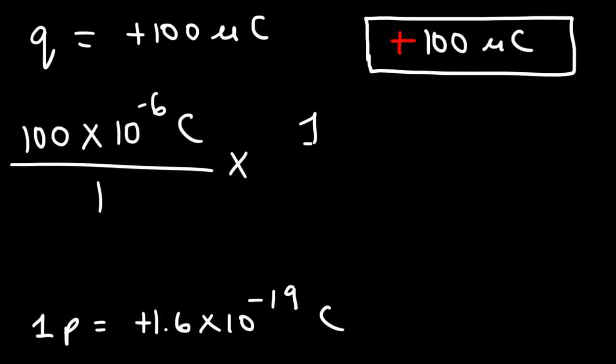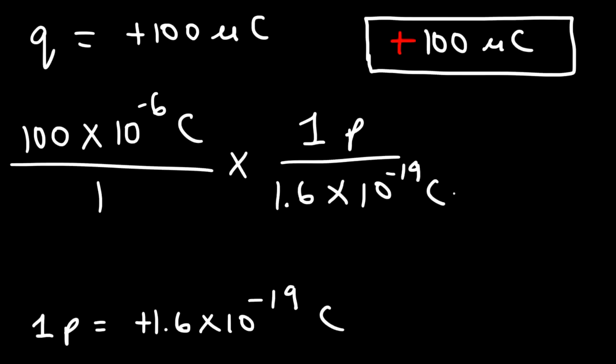And we know that one proton has a charge of 1.6 times 10 to the negative 19 coulombs. Make sure you set it up in such a way that the unit coulombs will cancel. So now let's divide 100 times 10 to the minus 6 by 1.6 times 10 to the negative 19.